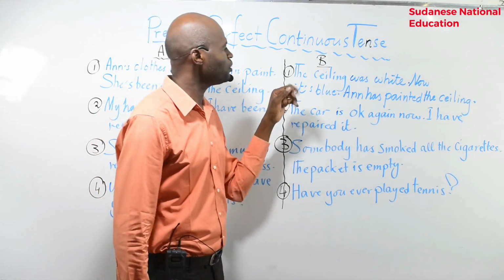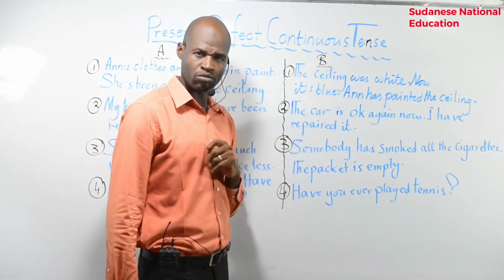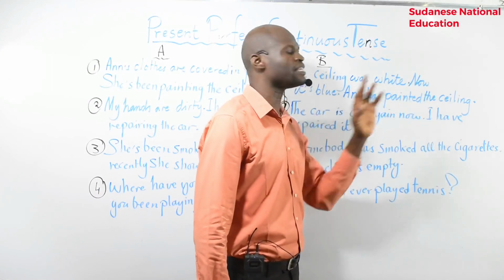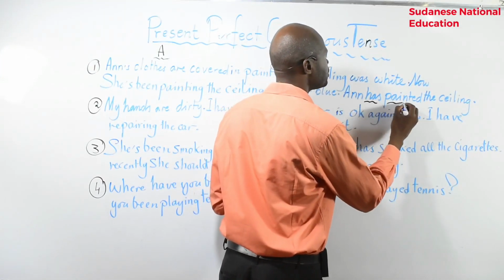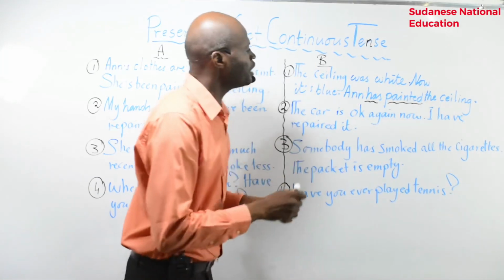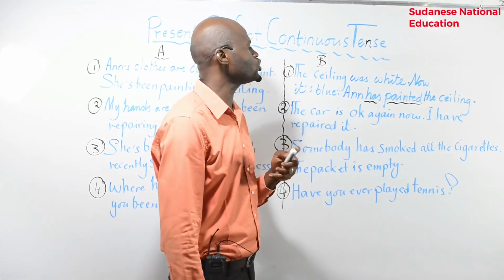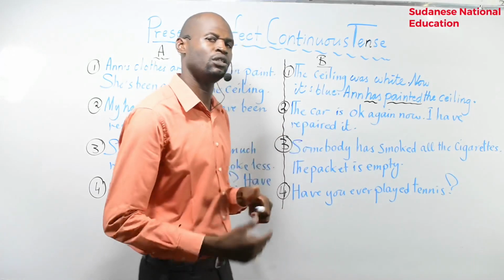So here, for example, the ceiling was white. Now it's blue. Anne has painted the ceiling. So here, painted the ceiling is a complete action. Why? Because we are interested in the result of the action, not in the action itself.